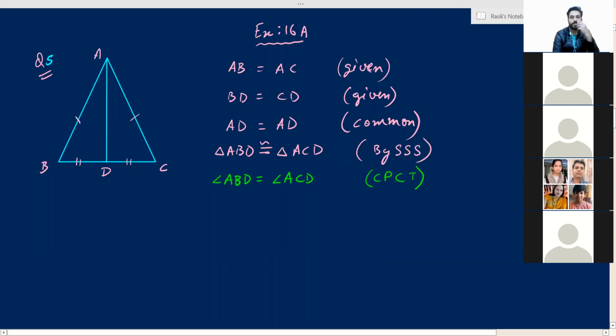CPCT. What is the full form of this? Corresponding parts of congruent triangles. They are corresponding parts of congruent triangles, so they are equal. One thing we have done, but how to show that they are 90 degrees each?